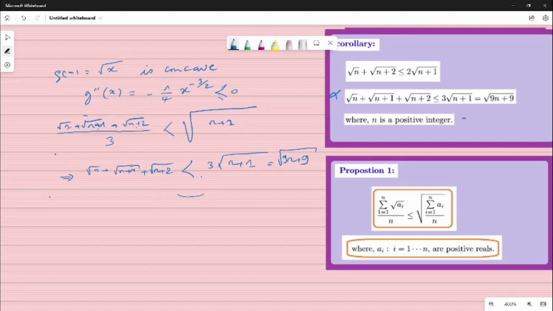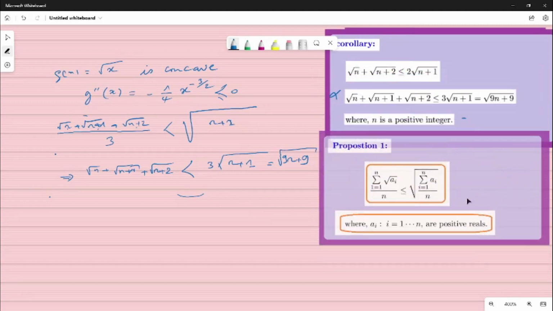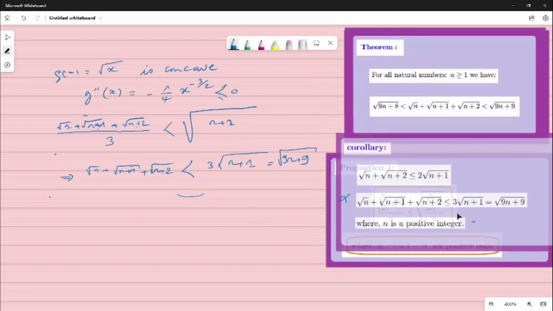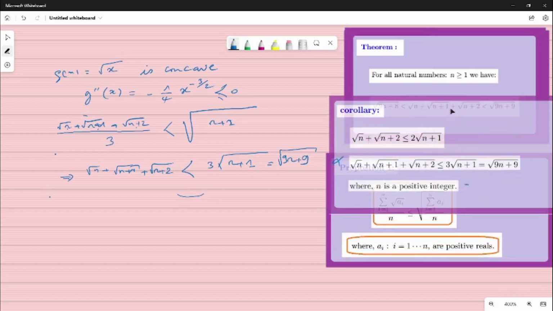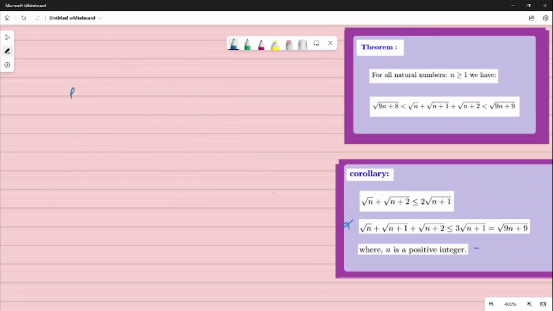Now we need to prove the second inequality of the theorem. If you remember, we have the inequality at the right hand side and the inequality at the left hand side. We have f of n minus 3 square root of n equals square root of n plus 1 minus square root of n plus square root of n plus 2 minus square root of n.